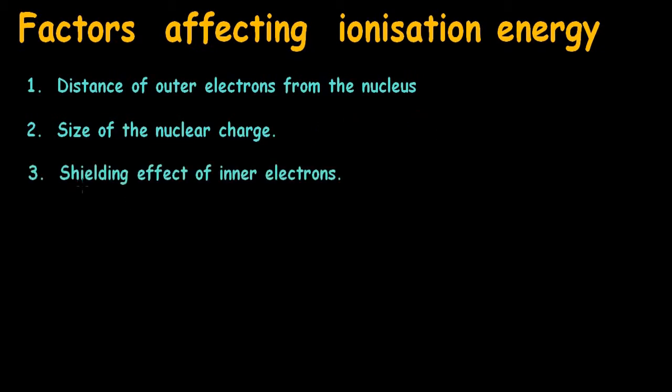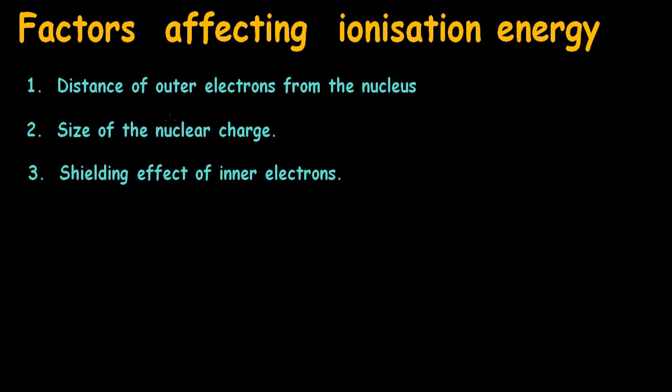And the third factor is the shielding effect of the inner electrons. That is, if the inner electrons are many, so the shielding effect is very high, then the ionization energy required to remove the electron will be lesser, because the inner electrons will be shielding the outer electron from being attracted towards the nucleus.